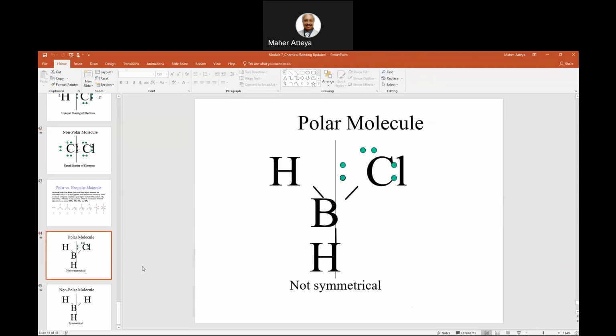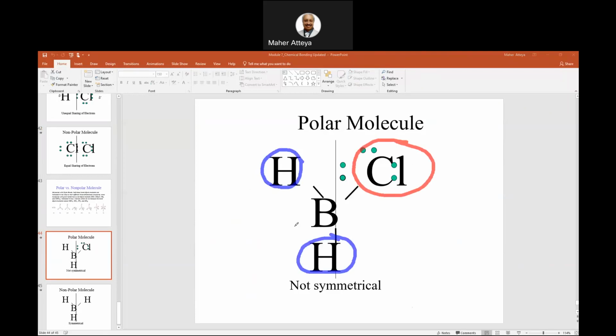How about this one here? Is it polar or non-polar? What do you think? Come on, guys, don't let me down. It is polar. Why? This is hydrogen here, but this one is totally different. This is chlorine, so they are not equal.